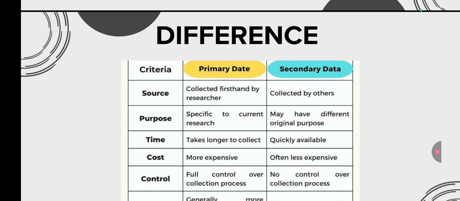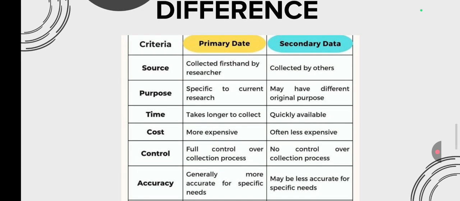The purpose of primary data is specific to current research, and the secondary data may have a different original purpose. About the time, primary data takes a long time to collect, and the secondary data is quickly available, as it is already available.